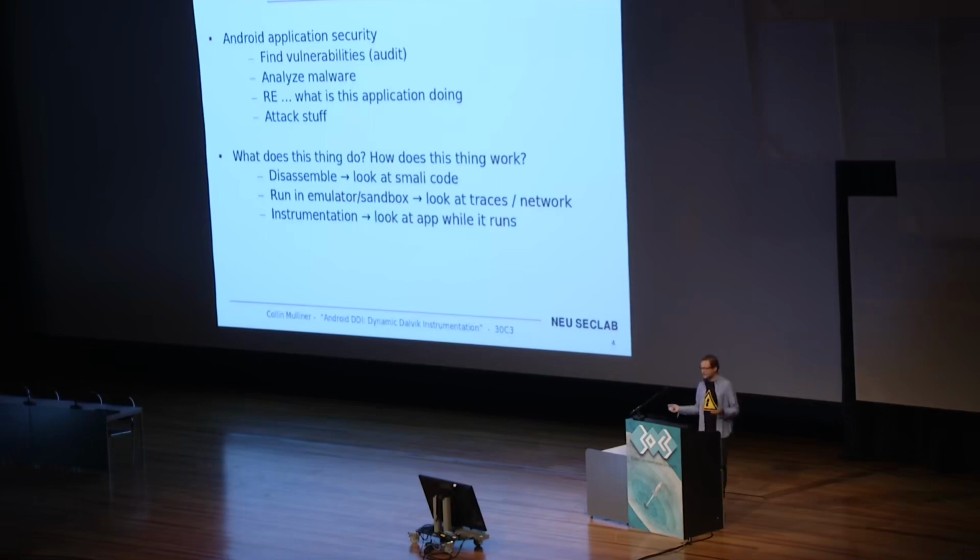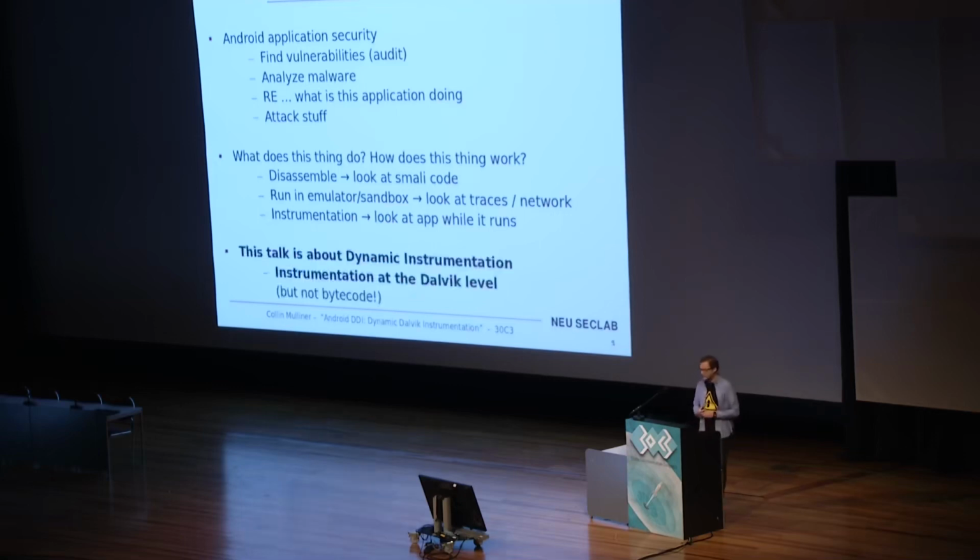Currently, people are disassembling Dalvik code, looking at the Smali output, running an application in an emulator or a sandbox and looking at the execution or network traces, or doing some static instrumentation, so adding some code to an application. But this talk is really about dynamic instrumentation, at runtime. We're not going to look at bytecode, so you don't need to worry about knowing Dalvik bytecode. It's a much cleaner, easier way to do instrumentation.